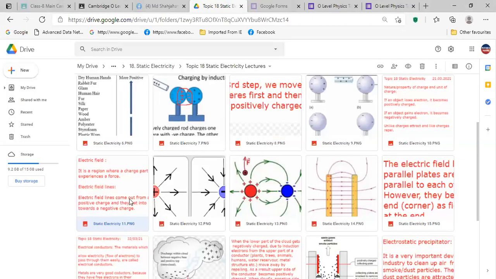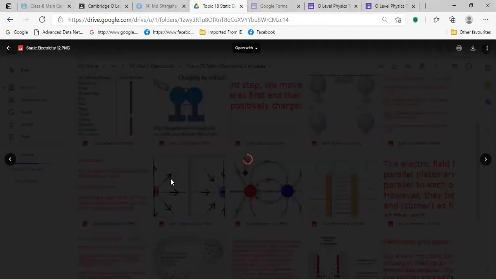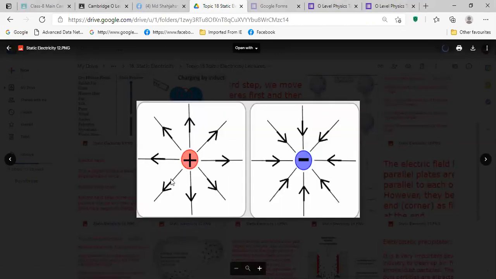Yeah, here you go. Positive charge, the field lines come outwards. Negative charges, the field lines are going inwards.